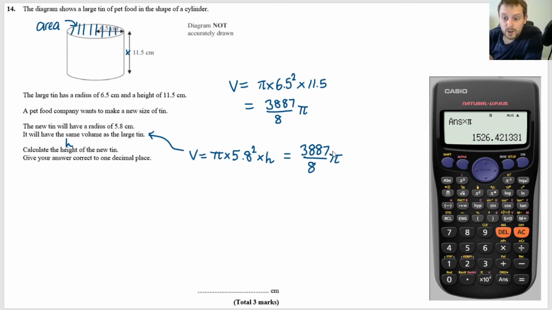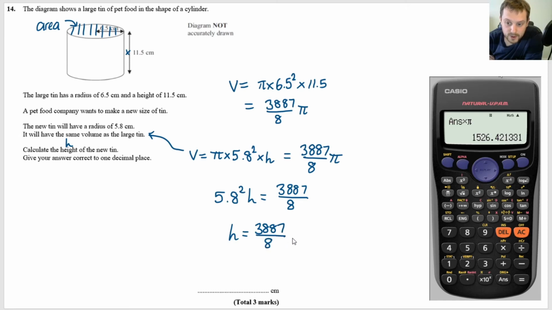So you are just solving this equation. So I'm going to divide both sides by pi, because both sides are currently being times by pi. So I've got 5.8 squared h is 3887 over 8. H will be 3887 over 8, and I've just got to divide that by 5.8 squared, and then that's what h is.